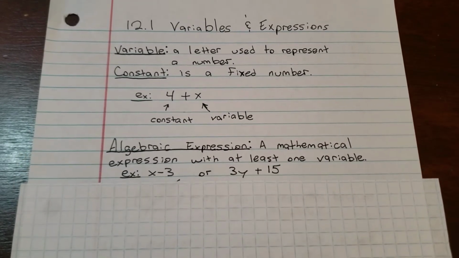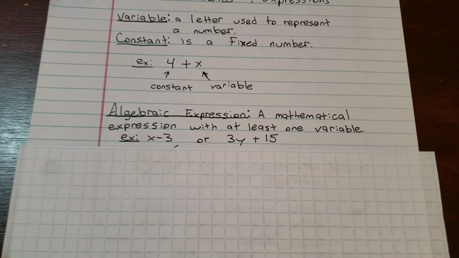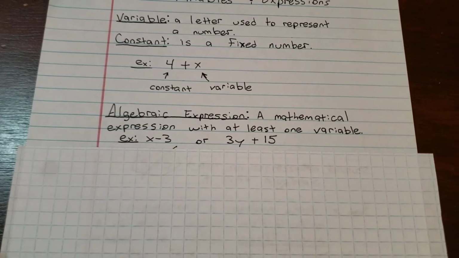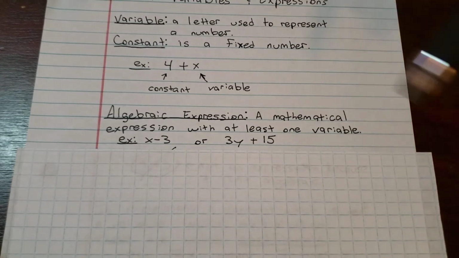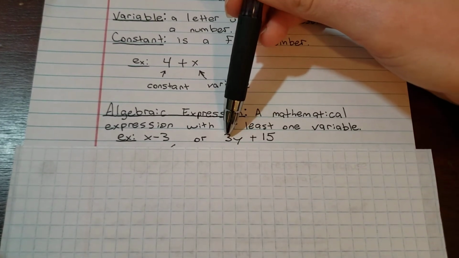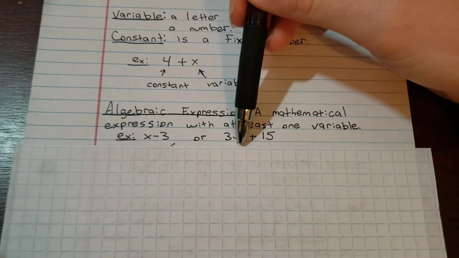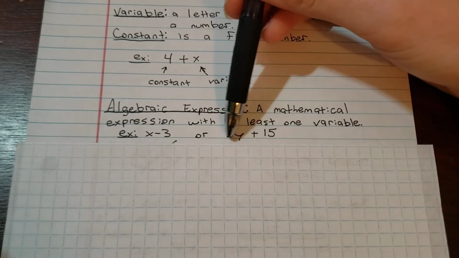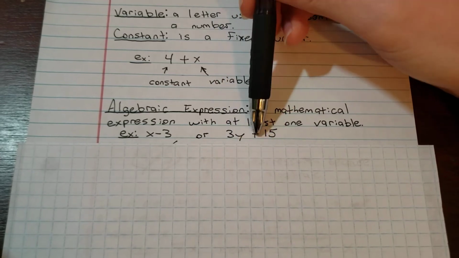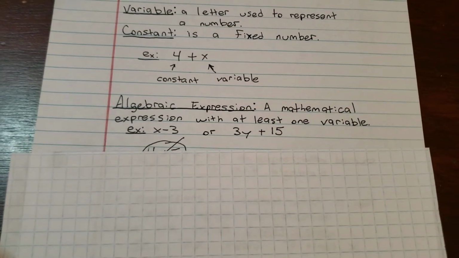Okay, another example would be x minus 3 or 3y plus 15. Again, just a reminder that any number directly next to a variable implies multiplication. So this is 3 times y plus 15. Okay.